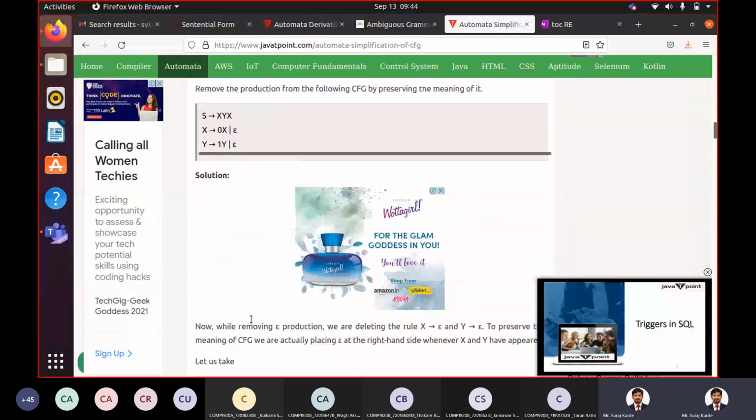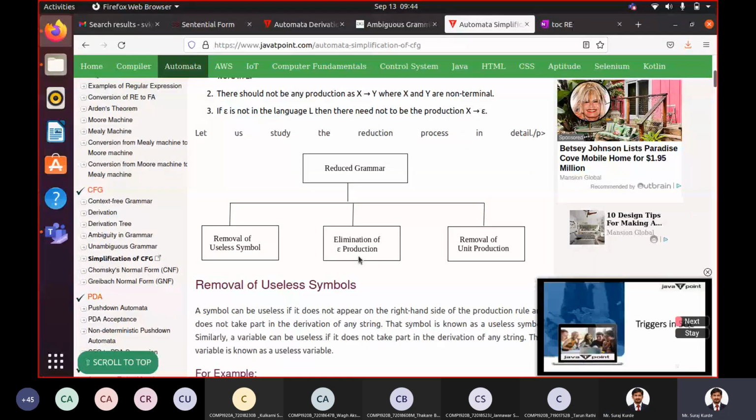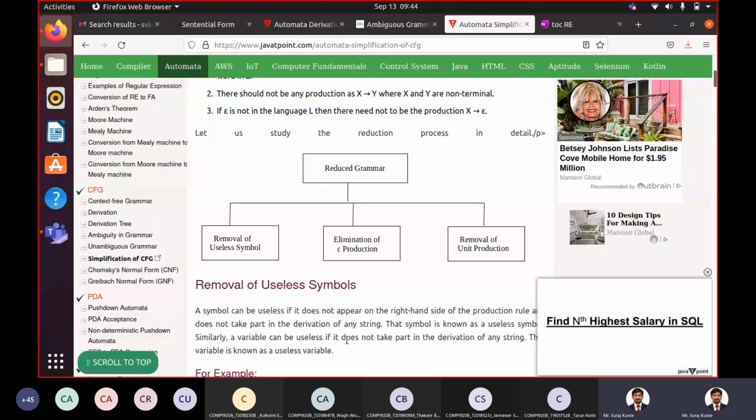Remove unit production, remove useless symbol, remove epsilon production. When we remove all these things from the grammar, the resultant grammar is called a simplified grammar.